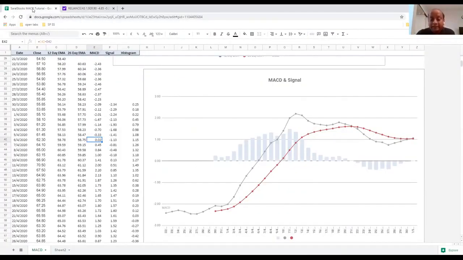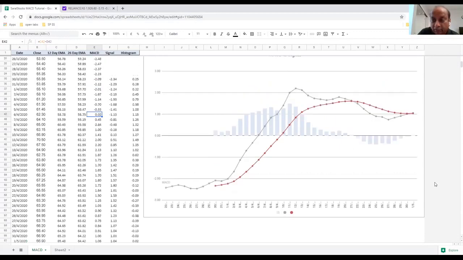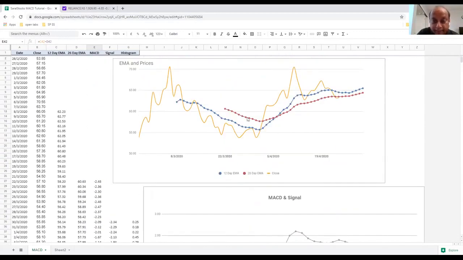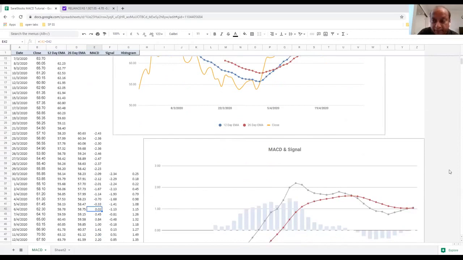All right. Now, let's add one more complexity. Now we want to find out how the MACD indicator itself is going to move. In other words, how this divergence between these two lines, 12-day minus 26-day moving average, has been behaving.